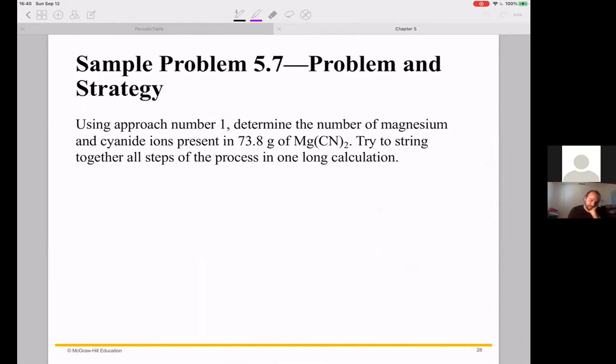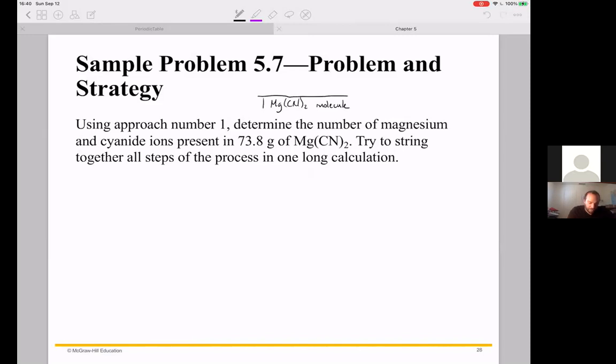Similarly, this one is going to ask us for the number of magnesium ions and the number of cyanide ions. So let's try to figure out, and again, we're going to string this all together in one long calculation. The important thing here is that they want ions. So we're going to be using these conversion factors where 1 Mg(CN)2 molecule, it's really not called a molecule, it's supposed to be called a formula unit, but I think it's kind of silly to distinguish between.